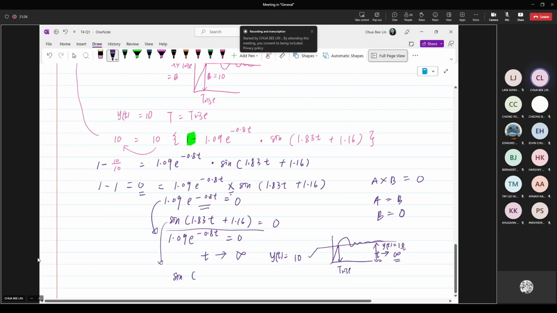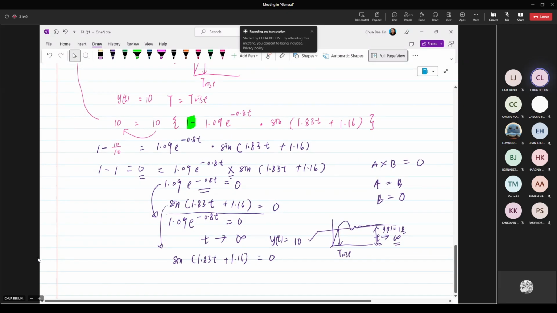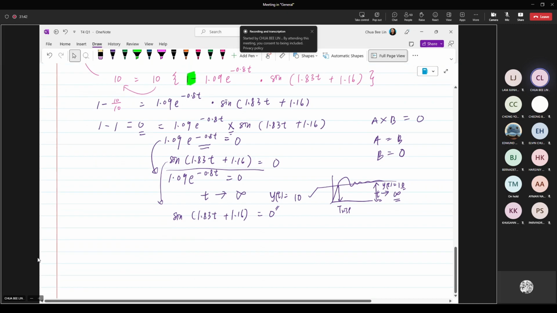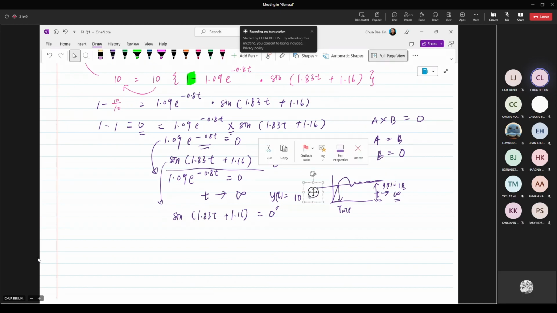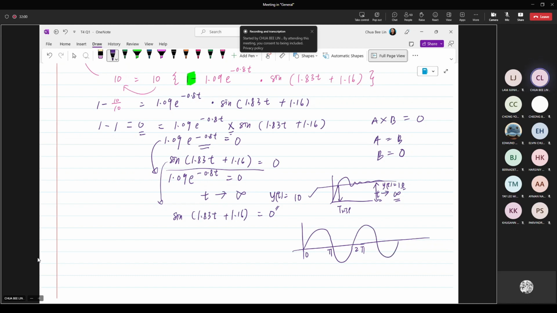Bring down sine 1.83 t plus 1.16 equals to 0. So you have to change this one to something you have learned last time, the trigo. So from here you learned last time, when you get this one you have 0, then this one is 2 pi, right? And this one is pi. And then you repeat. Here will be 3 pi, and here will be 4 pi and so on.